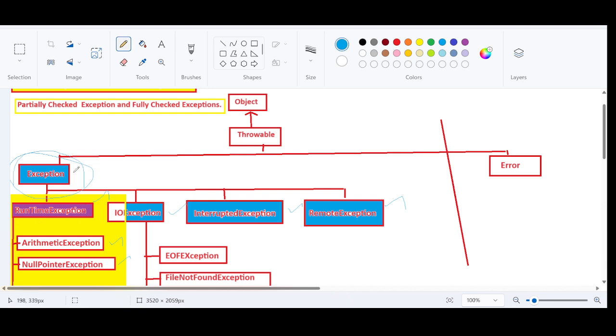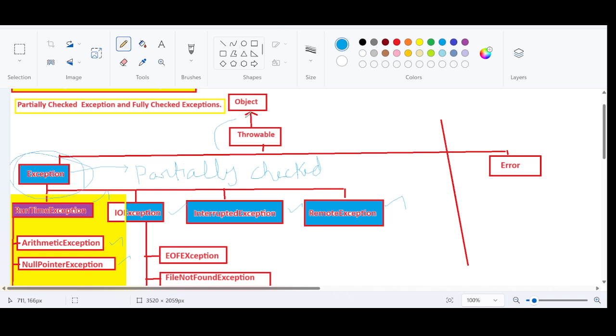That's why the exception class comes under the category of partially checked exception. If you talk about the subclasses, they have both checked as well as unchecked exceptions. It is not completely checked or completely unchecked. That's why the exception class is called partially checked.